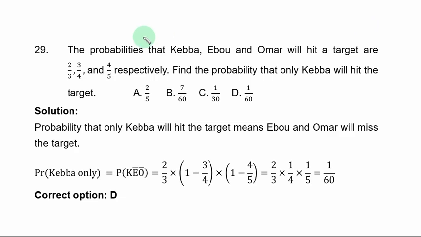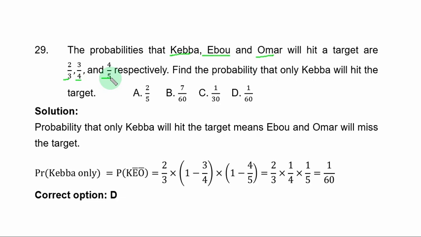Question 29. The probabilities that Keba, Ebwe, and Oma will hit a target are 2/3 for Keba, 3/4 for Ebwe, and 4/5 for Oma respectively.